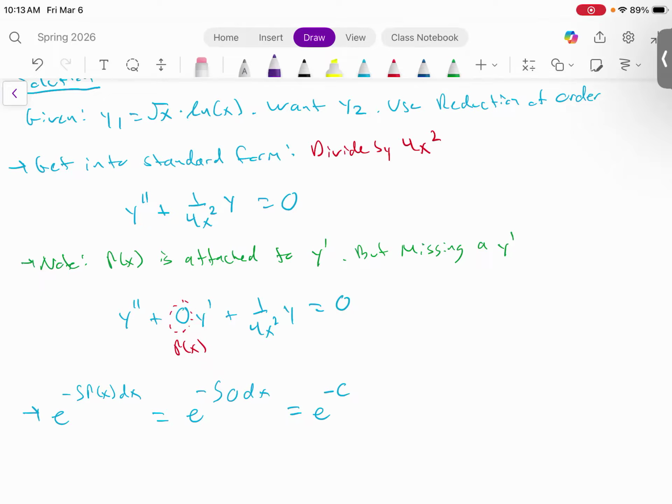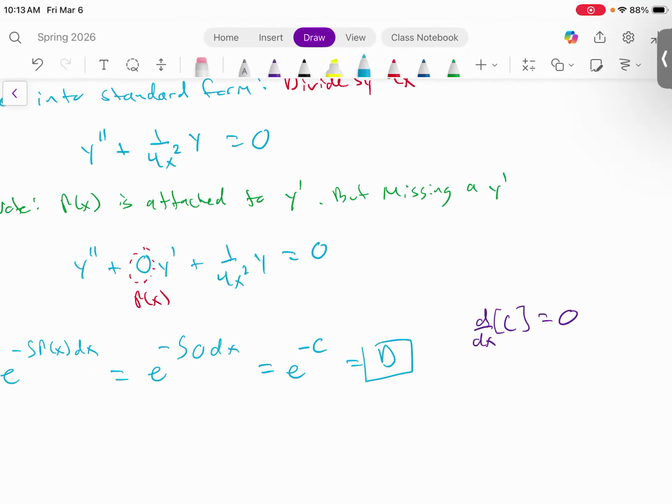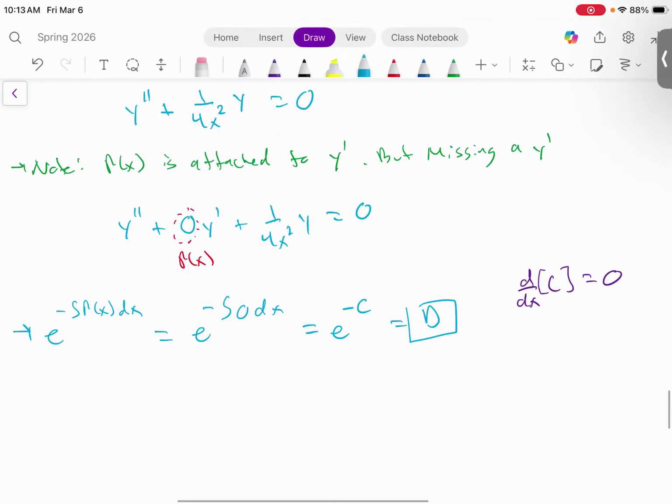Well, because the derivative of a constant is just going to be 0. So the antiderivative of 0 is just going to be a constant. And to make this even easier for us, e to the negative c, well, that's just another constant. We'll call it d. So d is just my integrating factor.